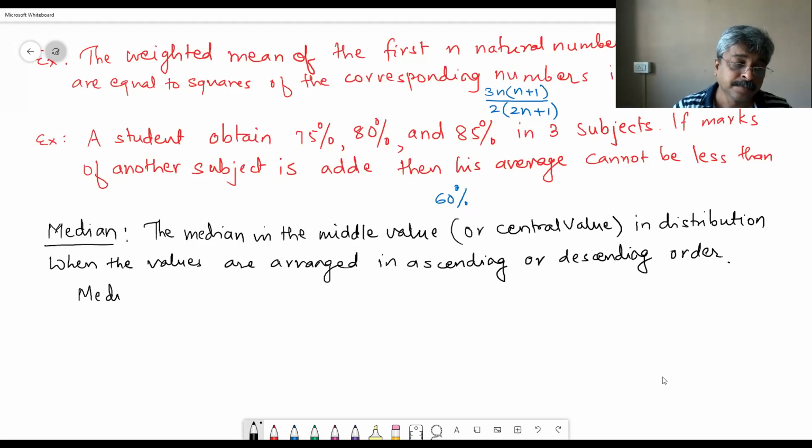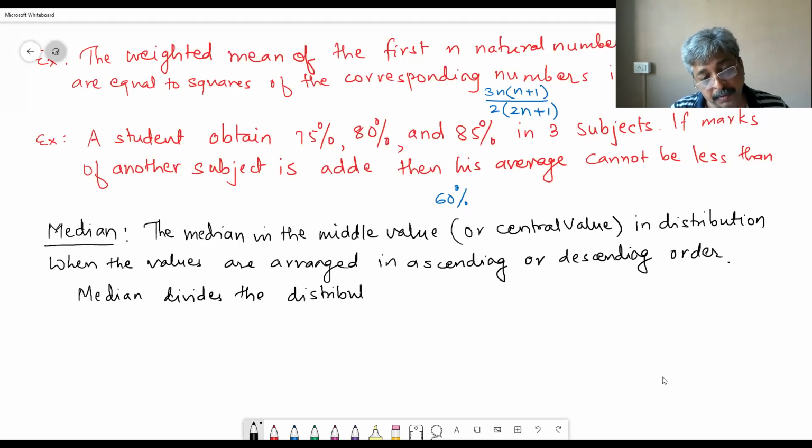Median divides the distribution in two equal halves.